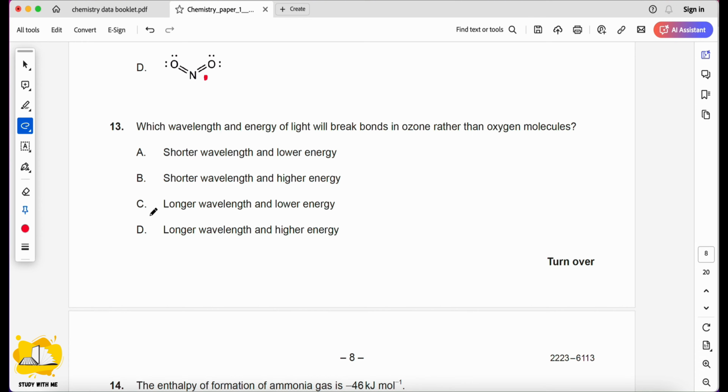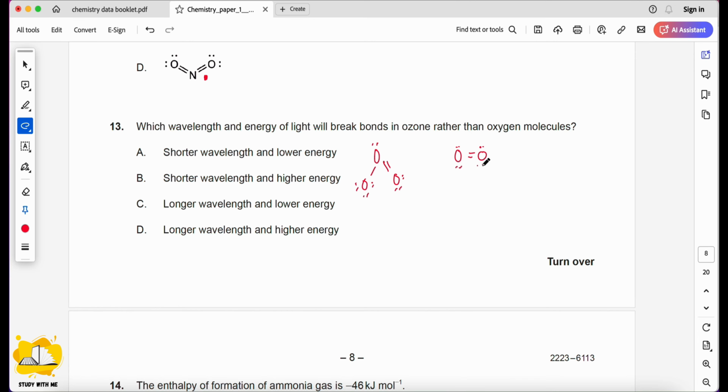Which wavelength and energy of light will break bonds in ozone rather than the oxygen molecule? So for ozone and oxygen, ozone experiences delocalized electrons, so it's not as stable as oxygen, which has a stronger bond.